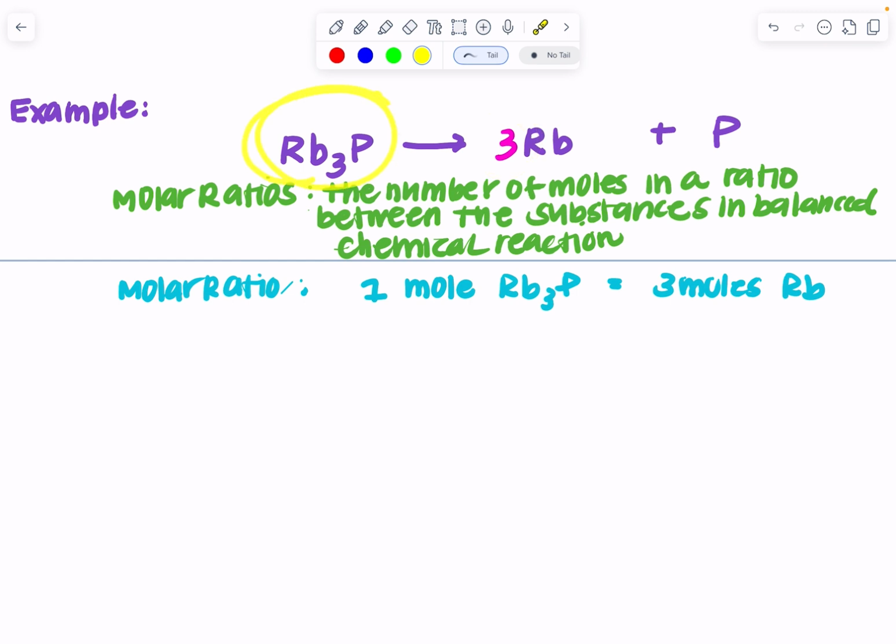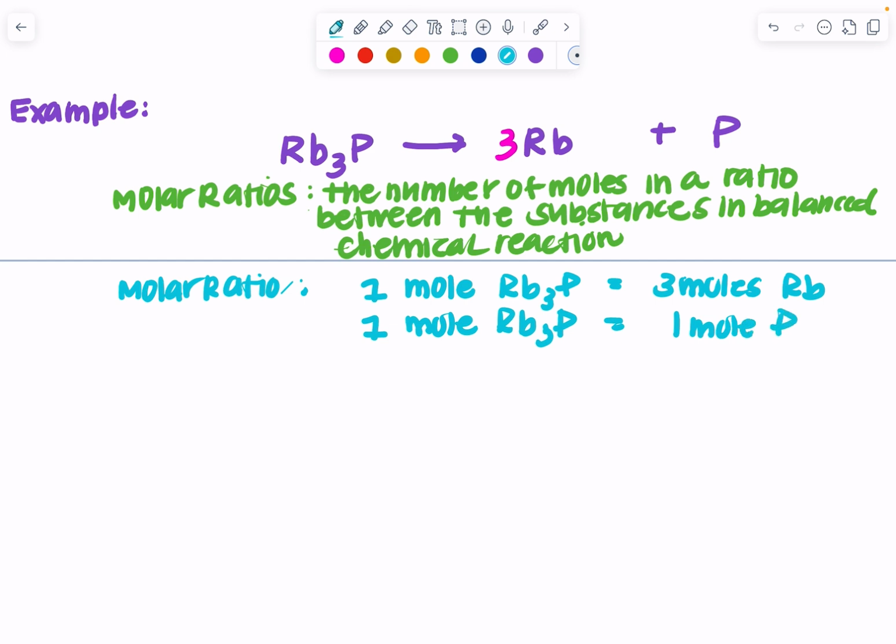So for every 1 mole of rubidium phosphide that we use, we're going to make 3 moles of rubidium. For every 1 mole of rubidium phosphide, sorry, I didn't write mole, we make 1 mole of phosphorus. And for every 3 moles of rubidium that's made, we make 1 mole of phosphorus.